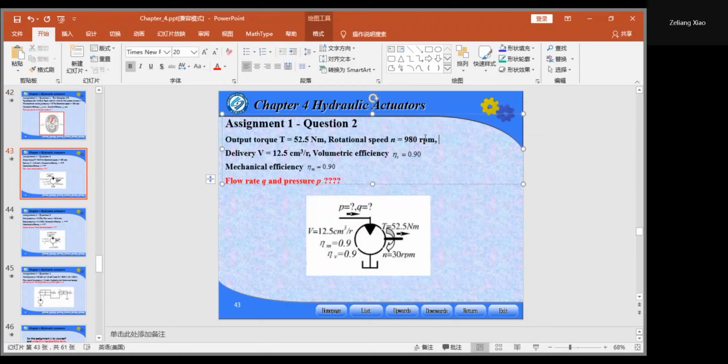Please pay attention to the unit here. You should change it into the standard unit.